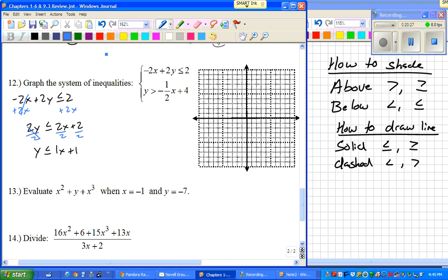So for my first one over here, I'm going to shade below because it's less than. It's going to be solid. And then we also need to know that our slope is 1 and that the y-intercept is 1. So starting at 1, it's just going to go 1 over 1.